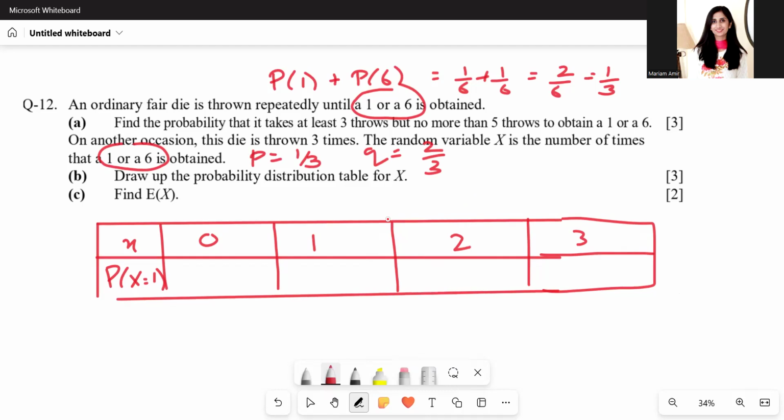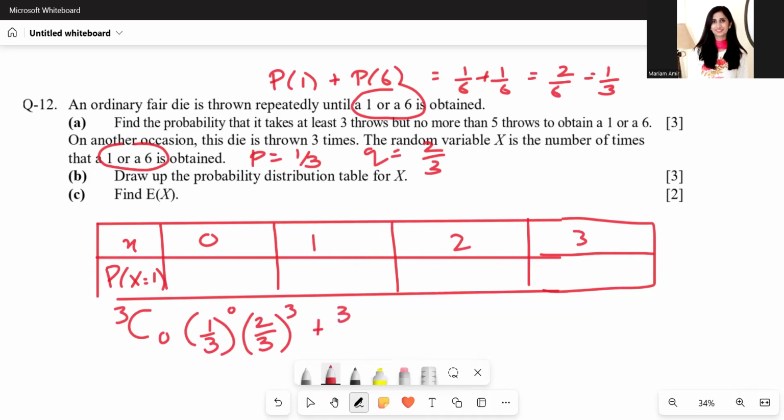Formula for that would be out of 3 times, there's zero success. So we write success here, which is 1 by 3 power 0. And that would mean there are 3 failures. So we write failure here and power 3 minus 0, which is 3.